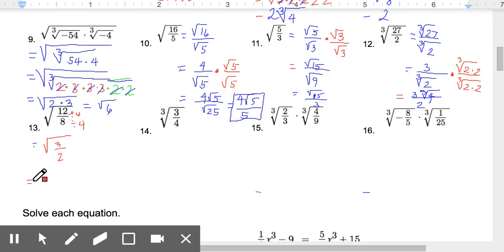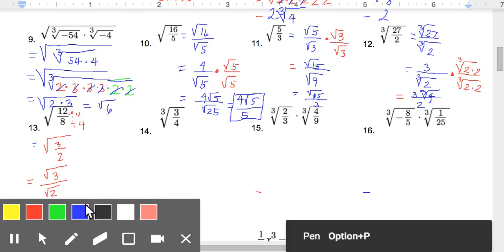Okay, so now we can separate the numerator and the denominator. So square root of 3 over square root of 2, or put them in their own square roots. Now there's a radical at the bottom, there's a square root at the bottom, so we are going to multiply this by 1.